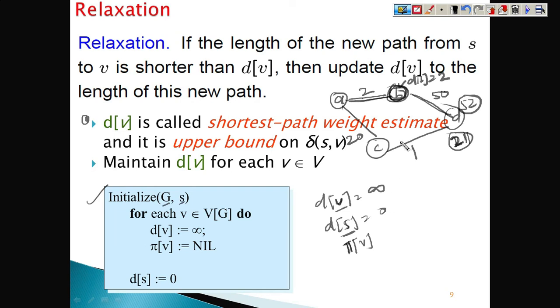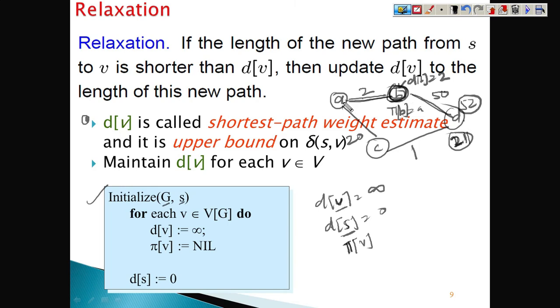What does that mean? Initially, when we are working with the greedy approach, we say that pi of b is a, meaning to reach b I should follow a, and pi of d is b, meaning to reach d I have to go from b.